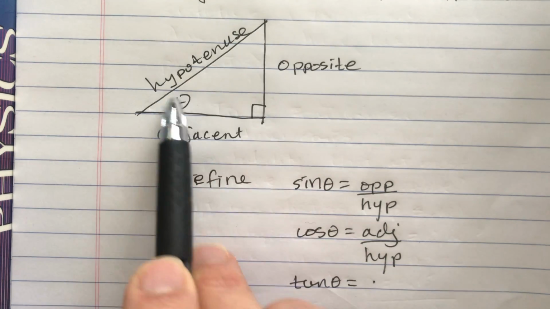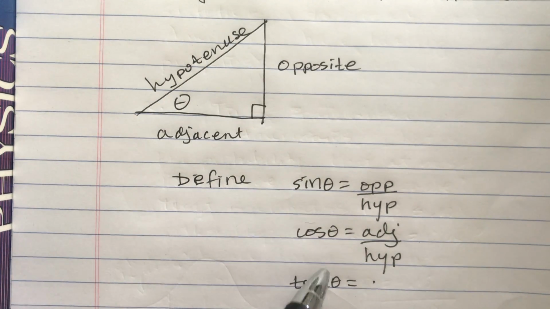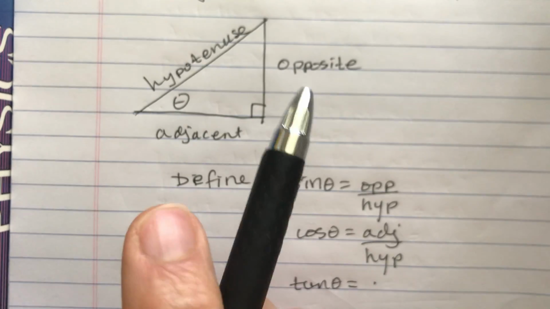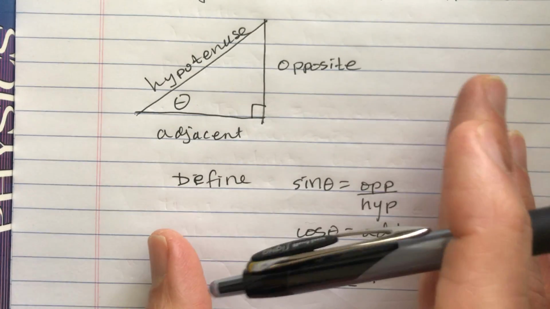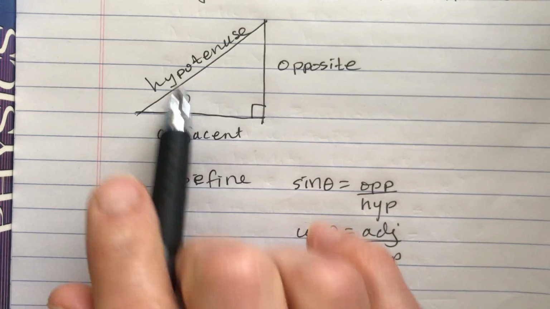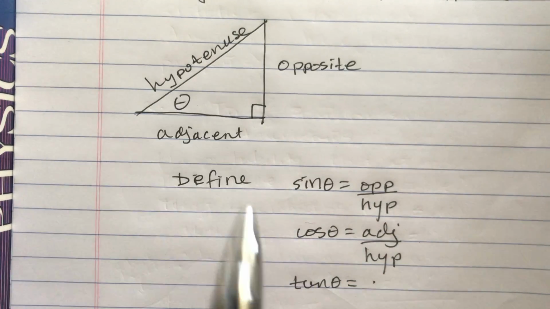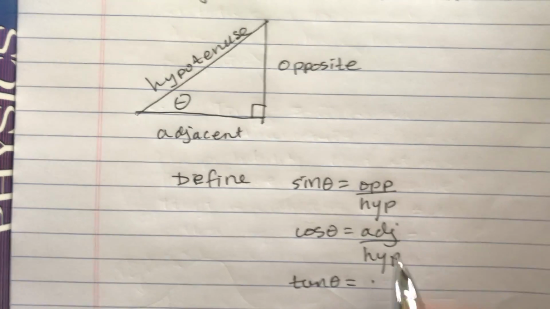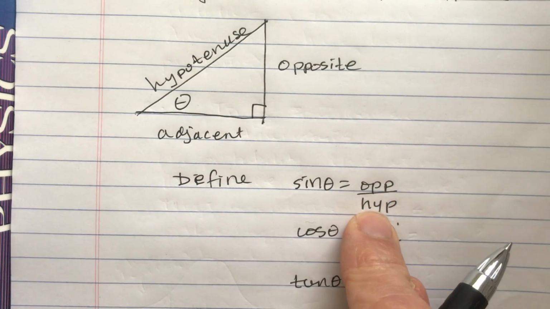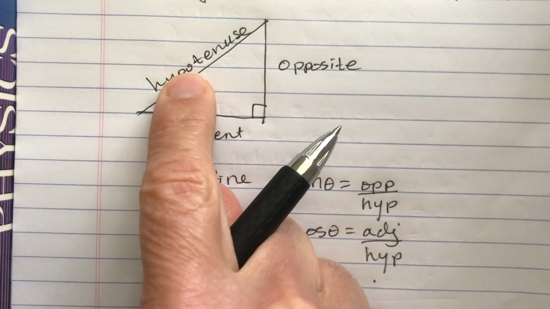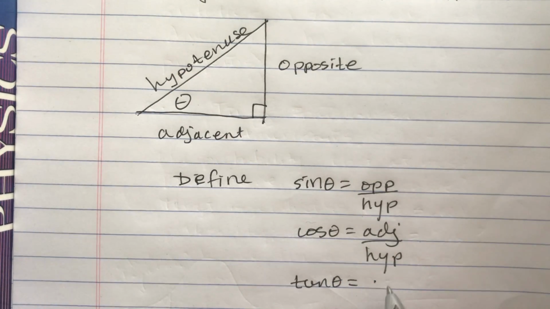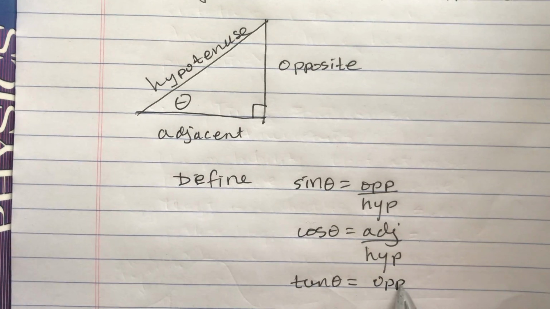So this is a way to define sine, cosine, and tangent, but there's some limitations, and the unit circle expands on this idea, but it is consistent with the unit circle definition. Sine theta is opposite over hypotenuse, so it's a ratio. Cosine is adjacent over hypotenuse, and tangent theta is opposite over adjacent.